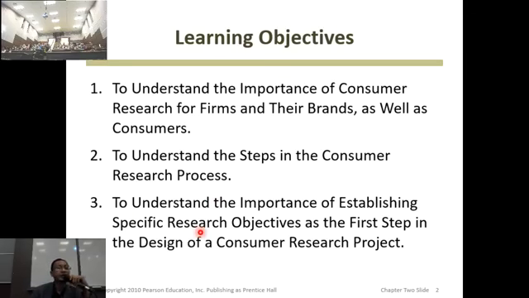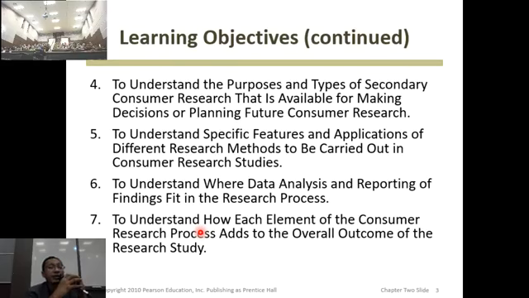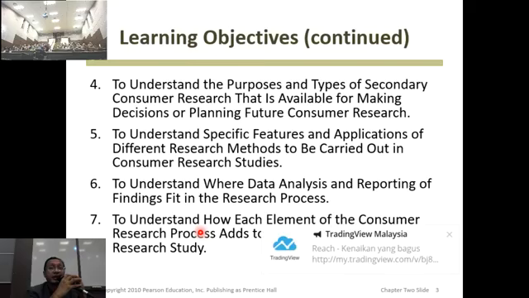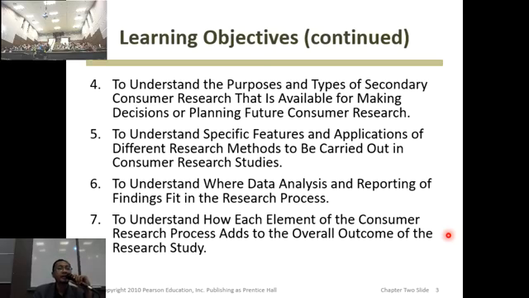So number 3 is to understand the importance of establishing a specific research objective as a first step in the design of a consumer research project. And number 4, to understand the purpose and type of consumer research that is available for making decisions or planning future consumer research. Then to understand specific features and application of different research methods to be carried out in a consumer research study.